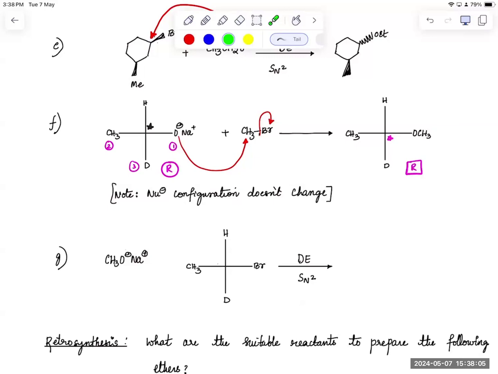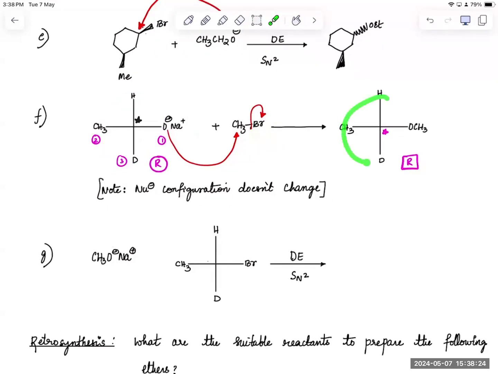Why? Because for this chiral center, you're not breaking any bond. None of these four bonds have been broken. You're only breaking up this bond. This is not a chiral center. If this was a chiral center and then the bond breaking happens on that, then there is a Walden's inversion. But within the reactant species, if there is a chiral center, that chirality will be retained. So if this was R configured, this will remain R configured only. Clear? So remember that nucleophile configuration does not change.